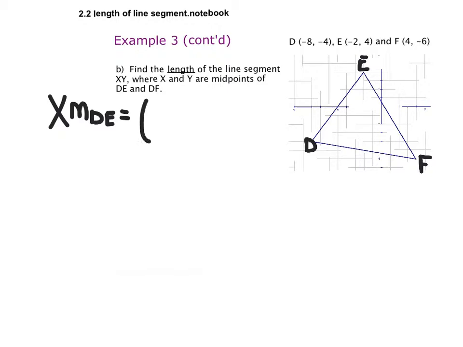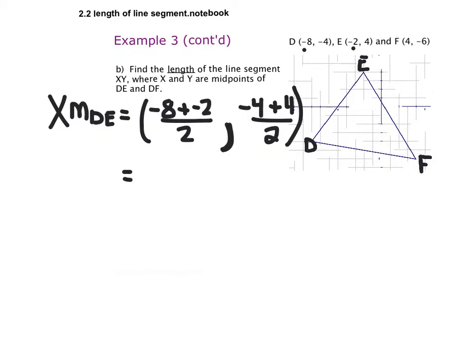So when we go about this, we would take D and E and add their X's together. So -8 and -2 would be added together. So -8 plus -2 divided by 2. So that would be the X coordinate, and then our Y coordinate, so again, this is a comma here, okay, would be -4 plus 4 divided by 2.